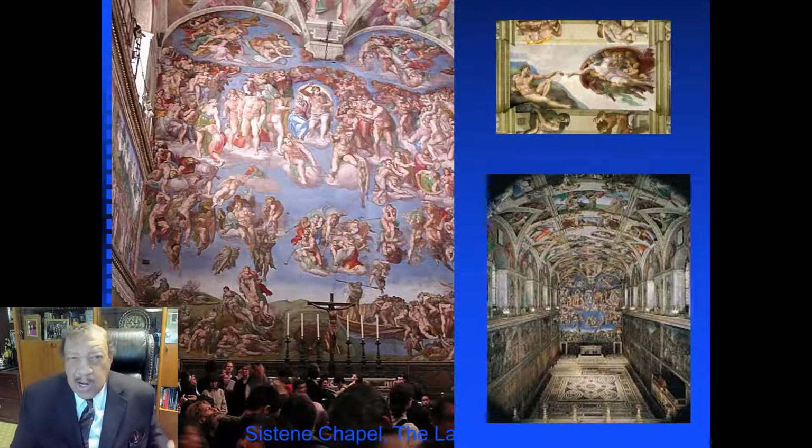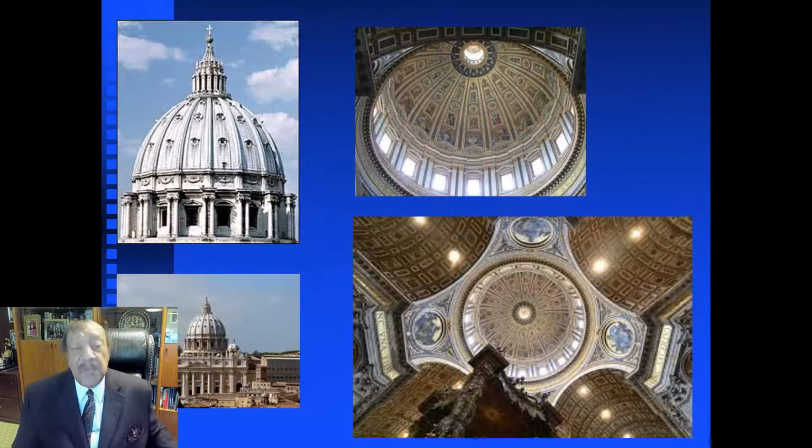So when you walk in the Sistine Chapel, students on the left, there's sometimes 400 or 500 people there, and yet you can feel almost the presence of Michelangelo and what he was able to do. As I told you before, he designed the dome of St. Peter's Basilica.